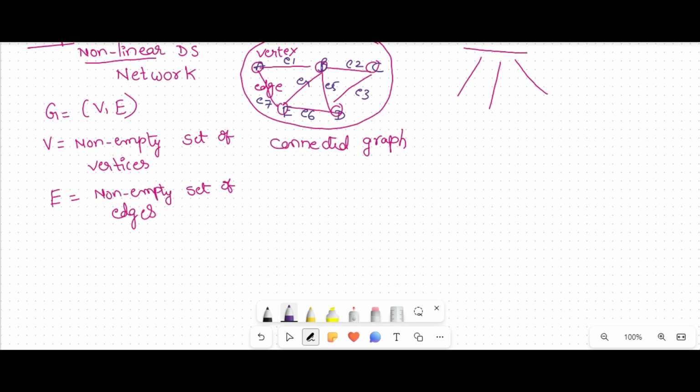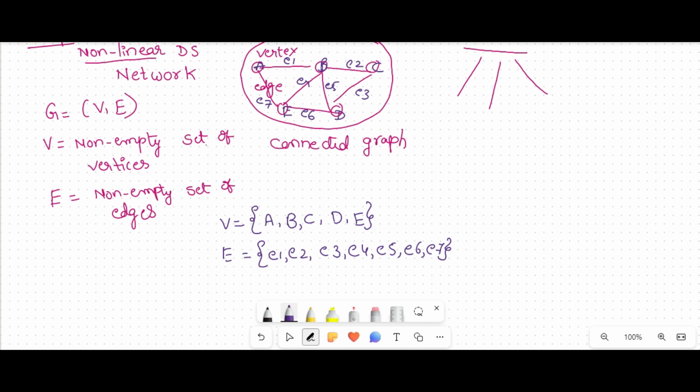Then V is the set of vertices present in the above graph: A, B, C, D, E. And the edges present in the graph are E1, E2, E3, E4, E5, E6, E7.